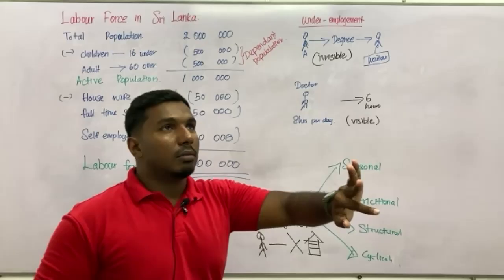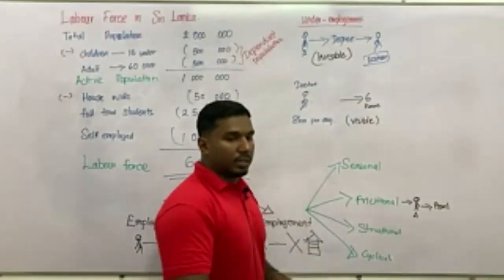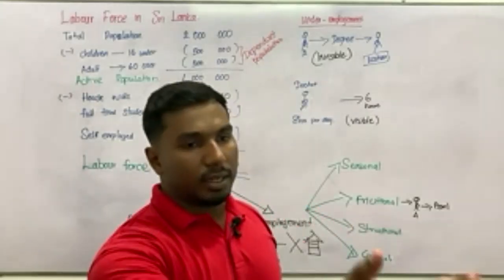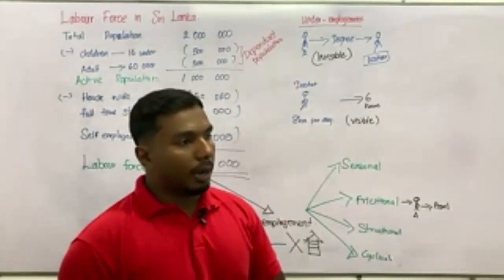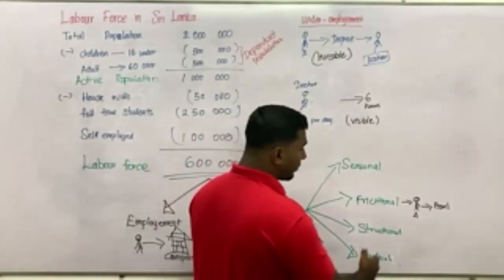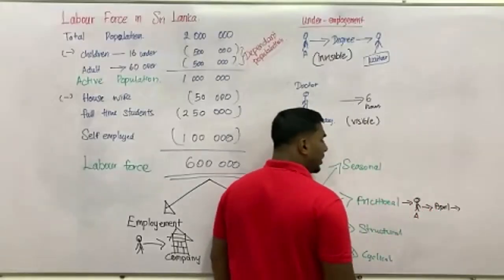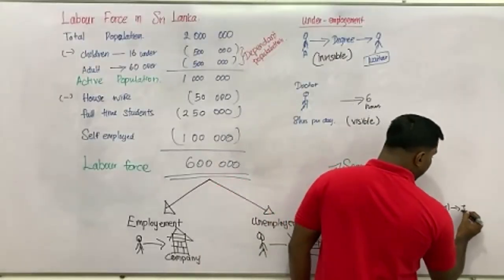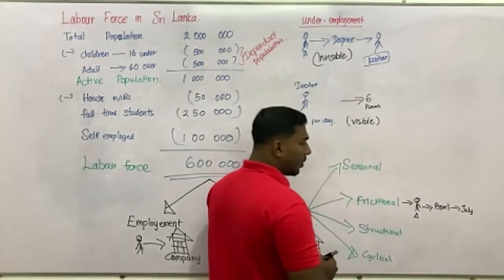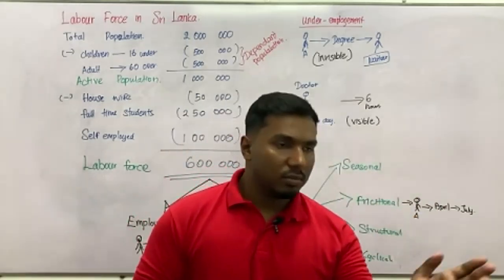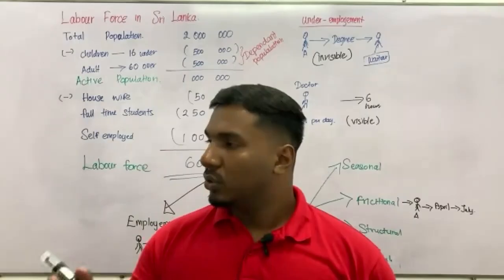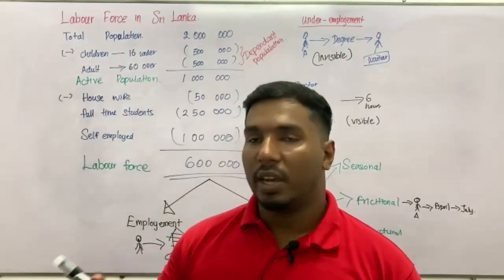So this person A left his job in April. In April he gave the resignation to the manager: take the resignation, I won't work here, I'm leaving this job, I'm quitting. He left the job in April, and he joined another job in July.